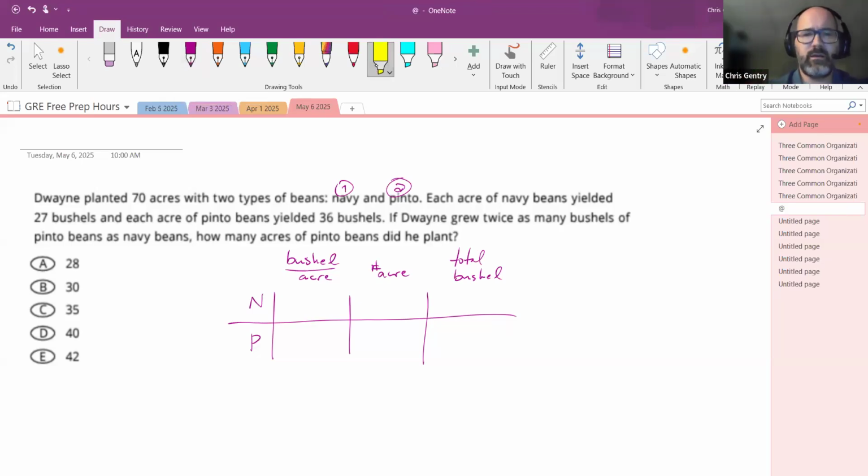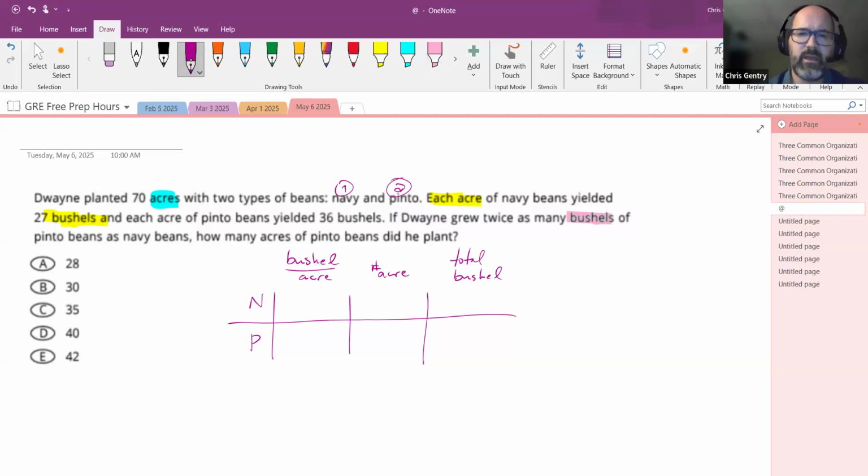And each entity, I need to talk about how many bushels per acre, how many bushels you got from each acre. We need to talk about just the overall number of acres. And then we talk about just literally the number of bushels.